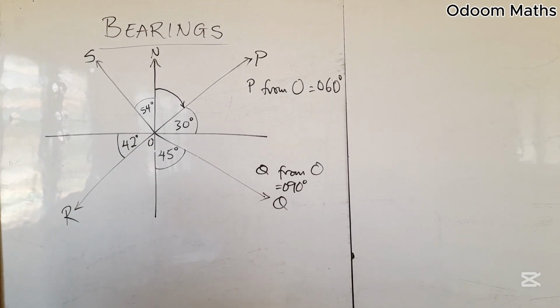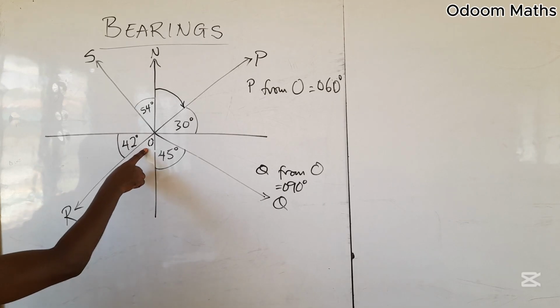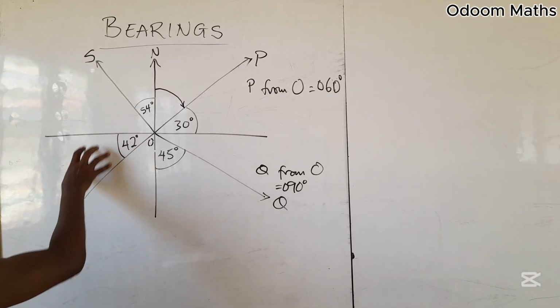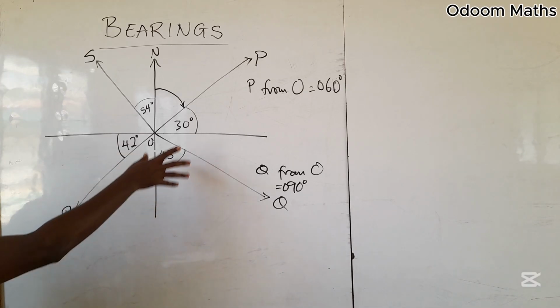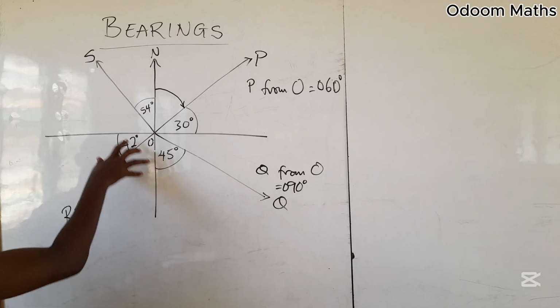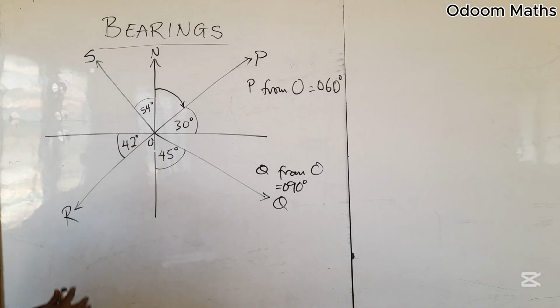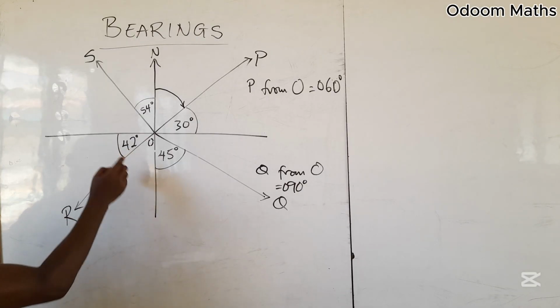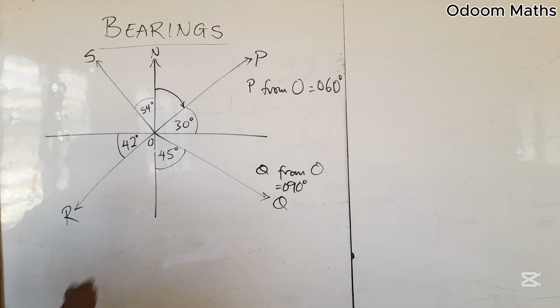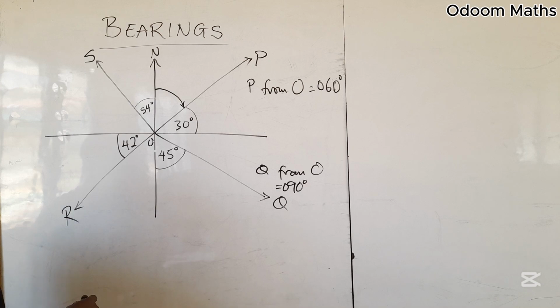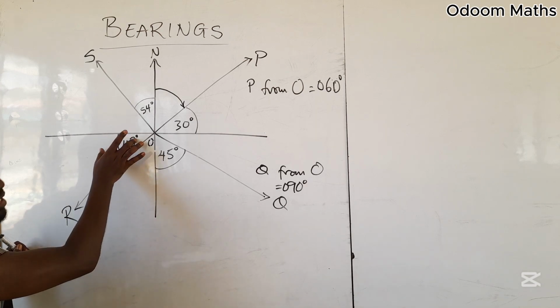Now, the bearing of R from O. For the Cartesian plane, each quadrant measures 90 degrees. So this quadrant here measures 90 degrees. If 42 has been taken, the remaining one will be 48, so that 48 plus 42 gives us 90 degrees.